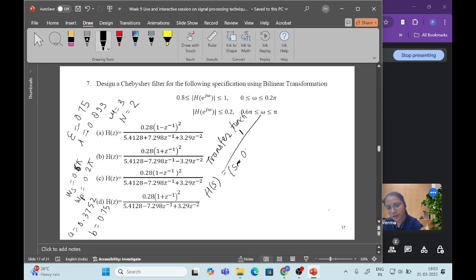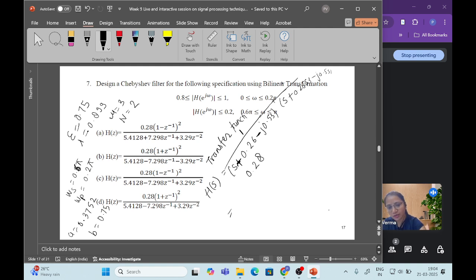That is 0.2653 minus j 0.53, s1 pole, and similarly for s2, s plus 0.2653 minus j 0.53, right? Now further, if you resolve it and divide by 1, A and B, just getting the constant, then you will get the final transfer function.